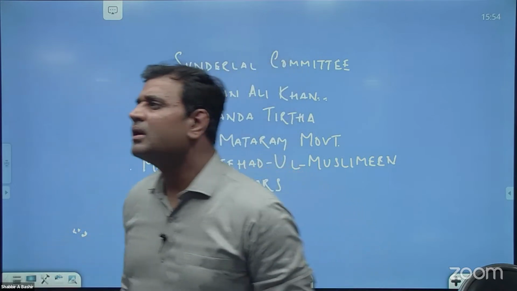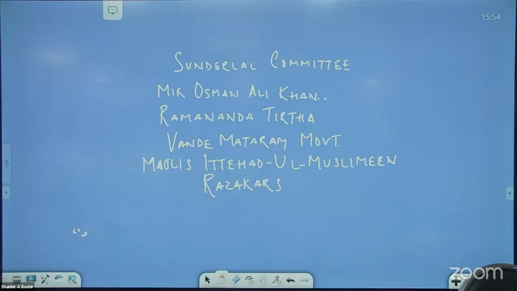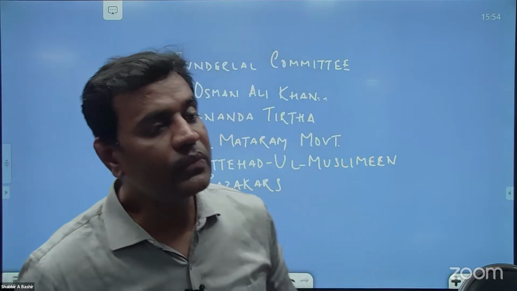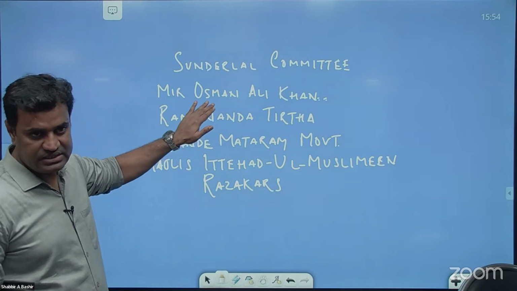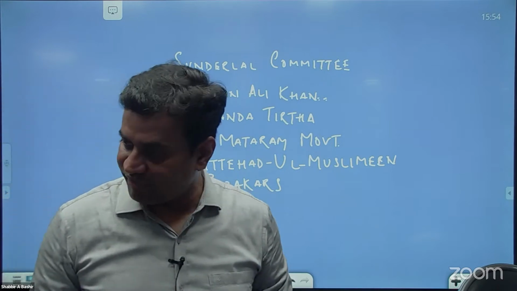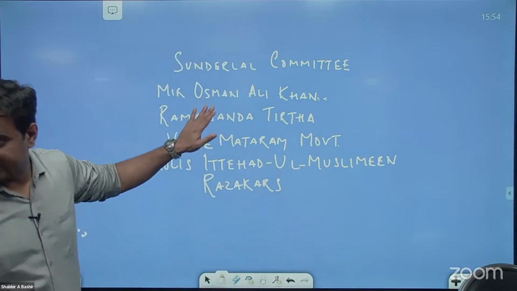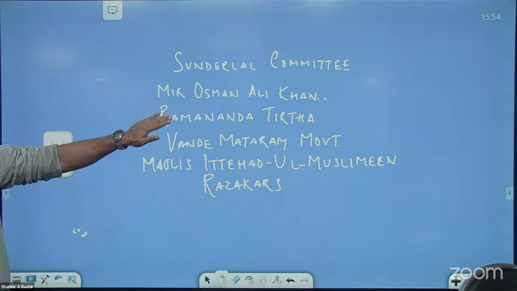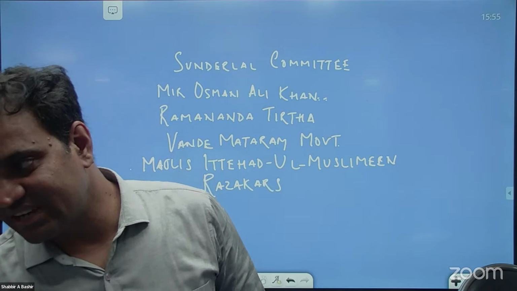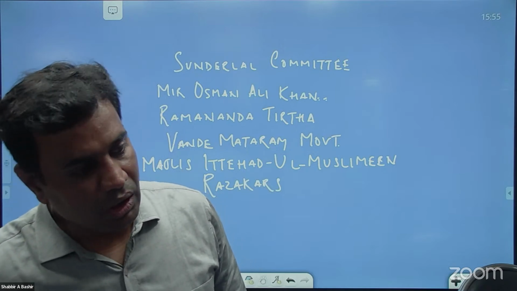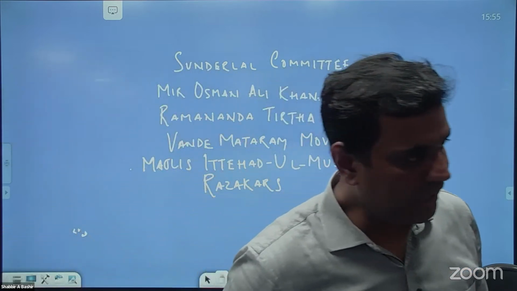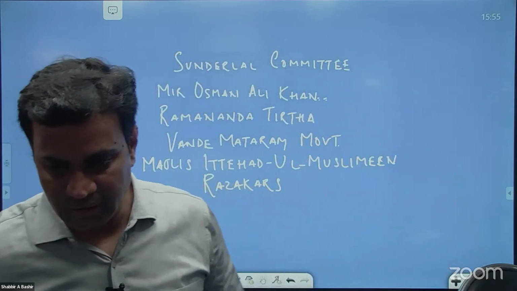And after several rounds of negotiations, Usman Ali Khan signed the Instrument of Accession with the Indian government on 17th of September, 1948.